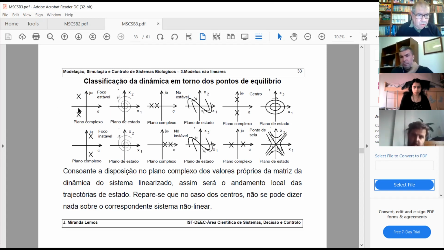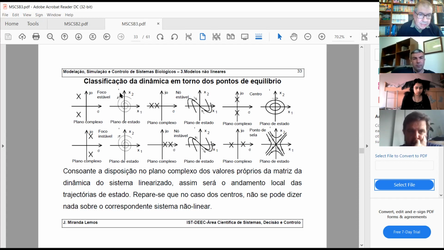Now, look at the first case. If instead of being on the imaginary axis, your eigenvalues are on the left plane, so you have now some negative real part. This negative real part corresponds to some damping because it's a negative exponential that forces the mode to squeeze.